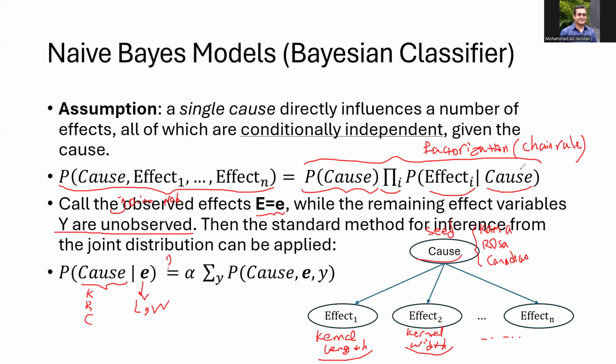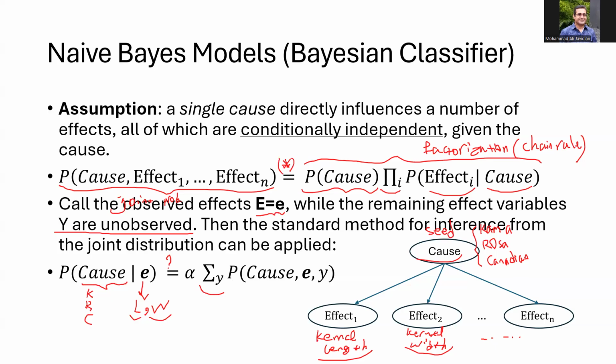So based on the chain rule, this is equal to the right side of this equation that I'm showing with a star. Since I have evidence only for kernel length and kernel width, I'm going to marginalize out, which means summation over the other features, those features that are not kernel length and kernel width. That's the technique.